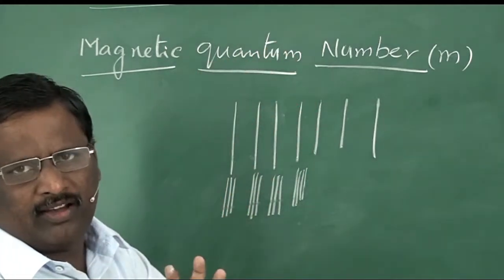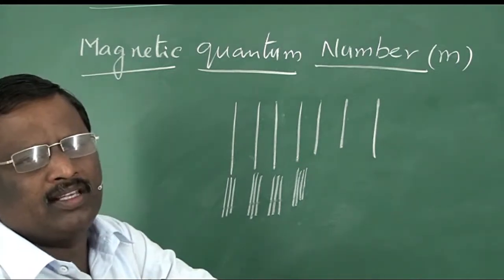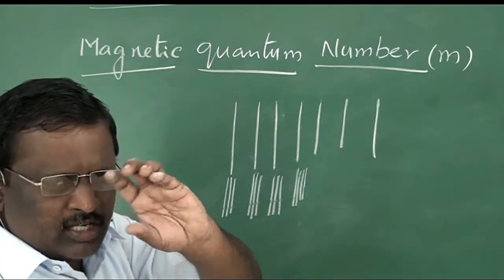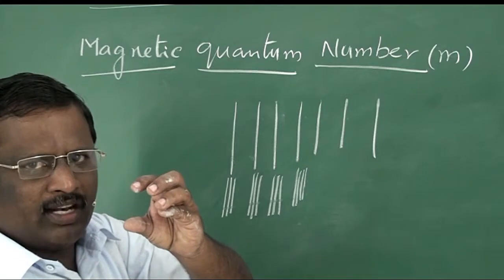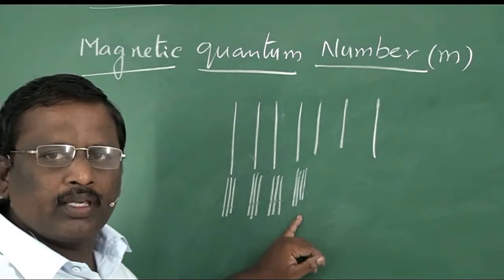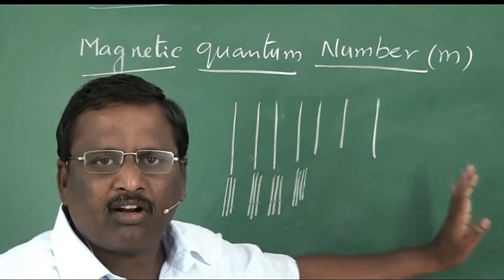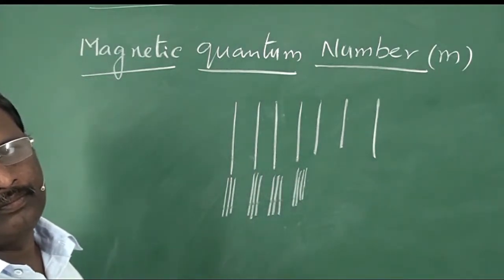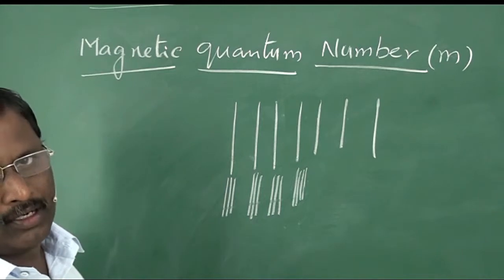Within the main energy level, since there are some sub-energy levels, if transition takes place within the main energy level, they will give separate lines. This is said to be the fine lines of the spectra.